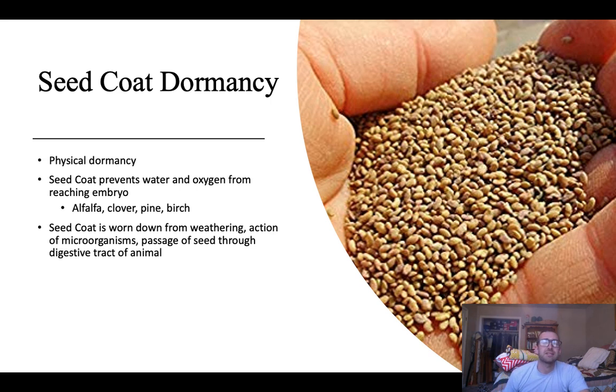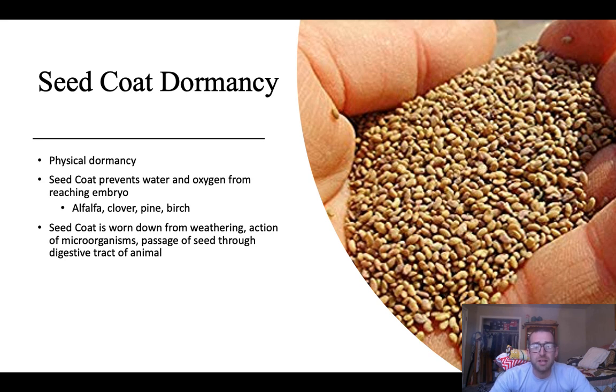In this instance, the seed coat is such that it prevents water and oxygen from reaching the embryo. We see this in alfalfa, clover, pine, and birch. It has a hard, impenetrable seed coat that prevents those two important things, water and oxygen, from reaching the embryo, and thus prevents germination from occurring.